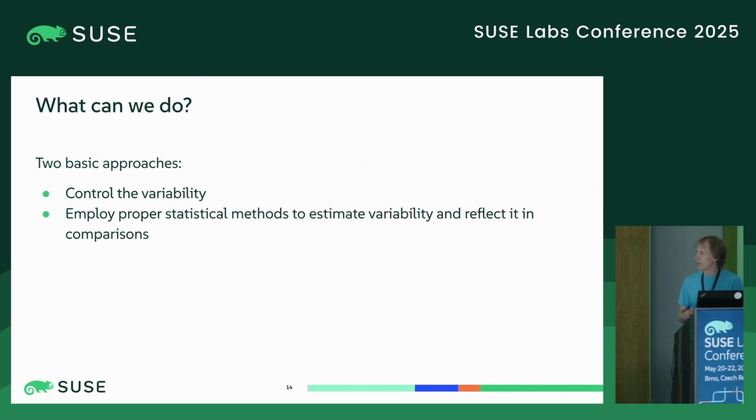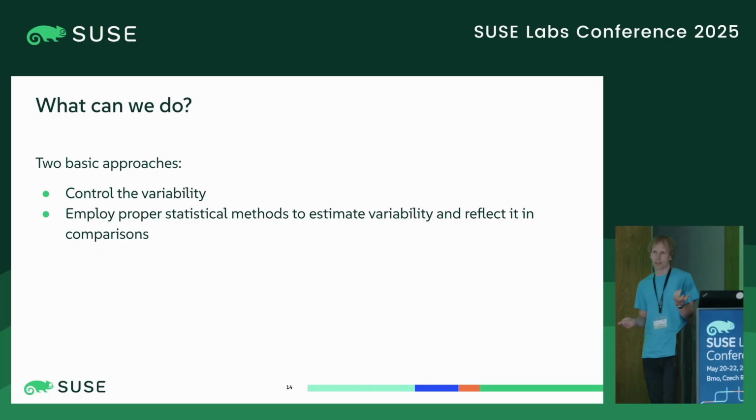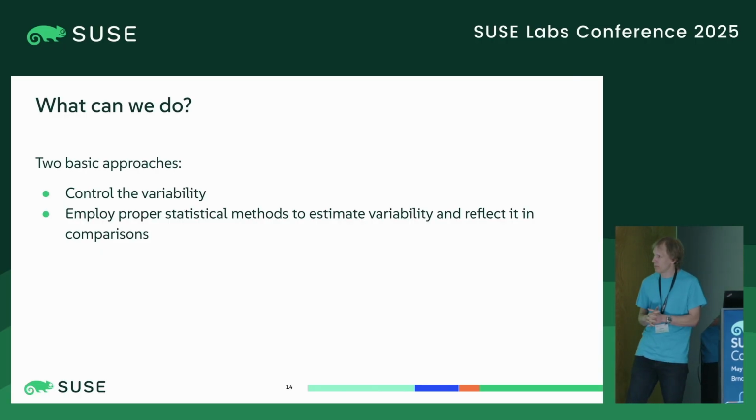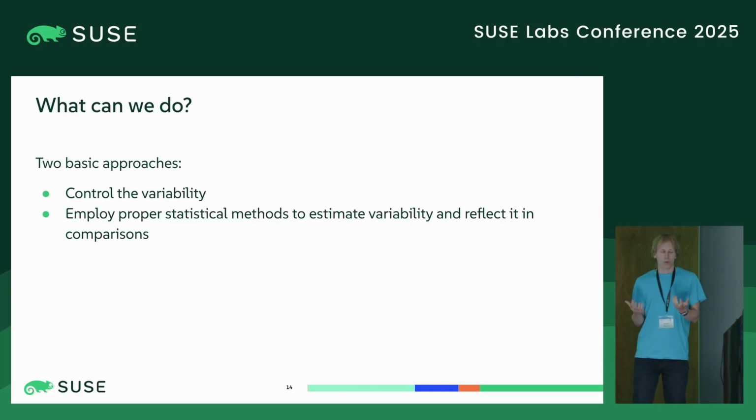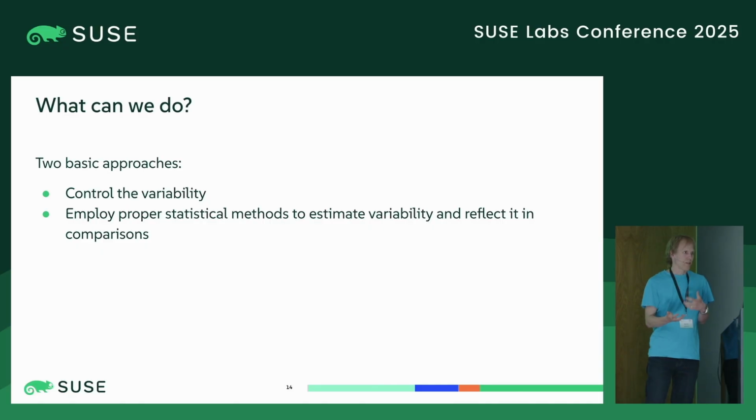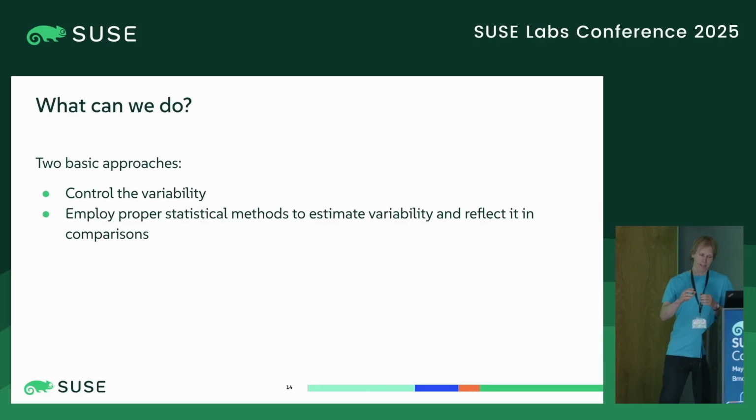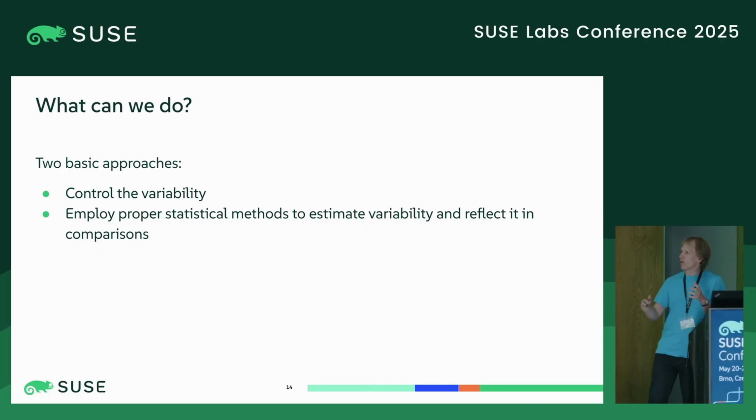So what can we do with this variability? There are two approaches. One is to try to control this variability and get rid of it in your measurements. The other is to use some statistical methods to differentiate between the noise and the signal in your measured data.